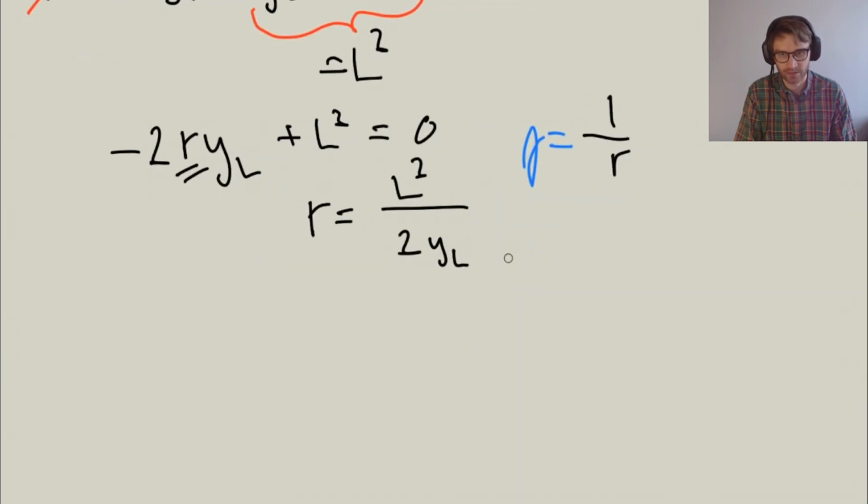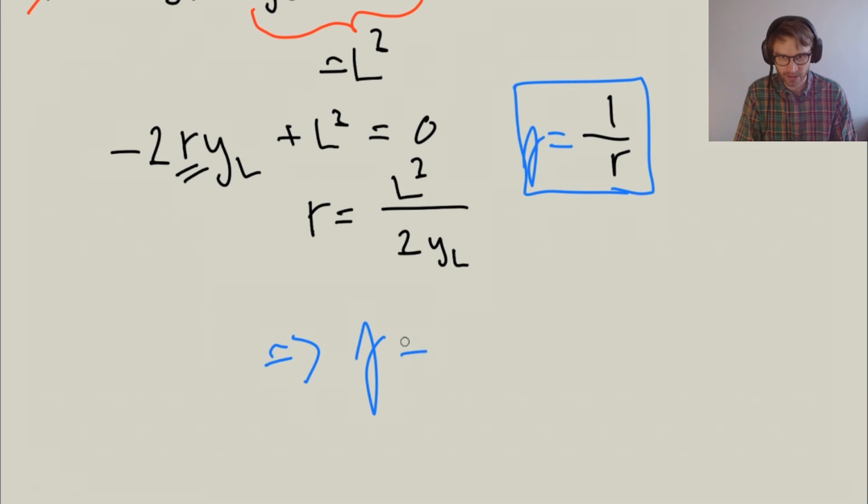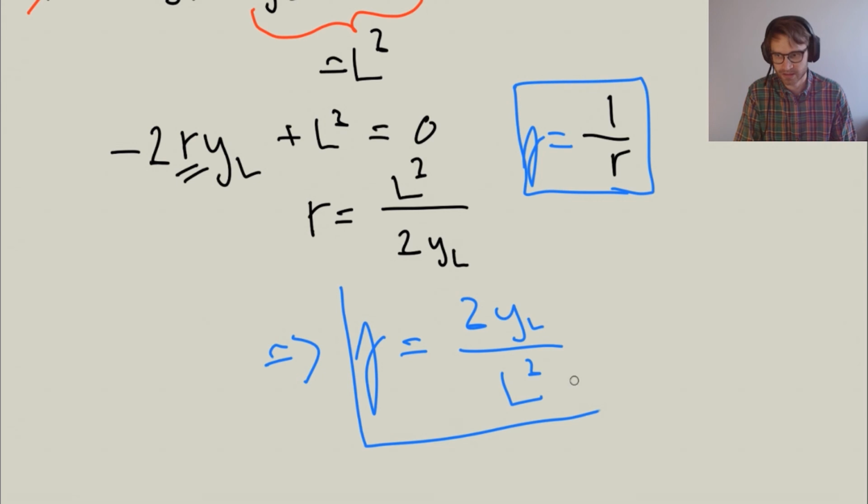So the steering command at the very end, the result you have all been waiting for, if we take this into account, is gamma equals 2 YL divided by L to the power of 2. And this is now the steering command that you will give to the turtlebot.